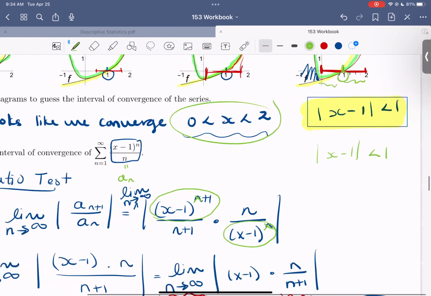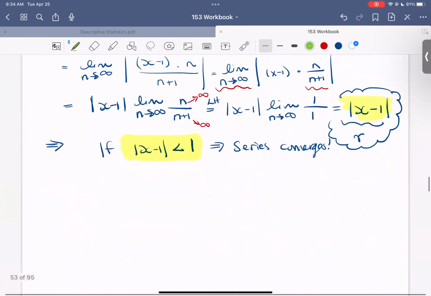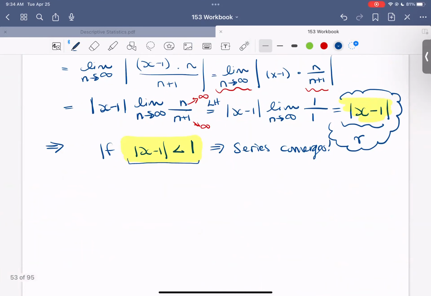But there's another way we can unpack that, so stick with me here for a little bit. What this statement is saying is that the absolute value of x minus 1 has to be less than 1. So x minus 1 has to be less than 1 if x minus 1 is positive, but also x minus 1 has to be bigger than negative 1 if x minus 1 is negative.